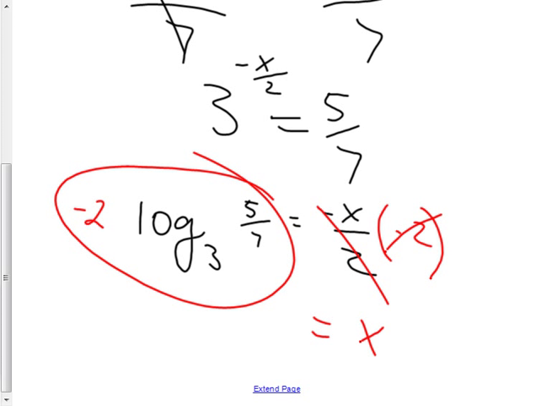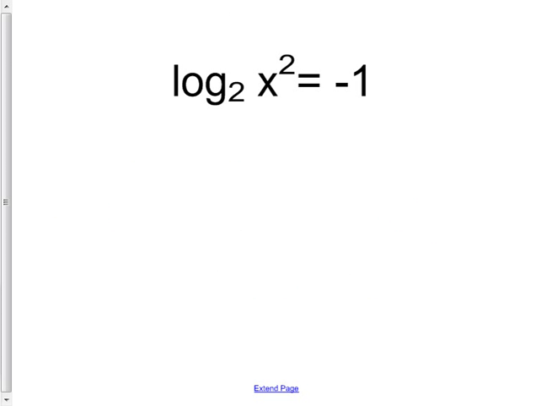All right, moving on. This one looks really, really simple, but it's got a deadly mistake that a lot of you are going to make when you solve it. Try it.